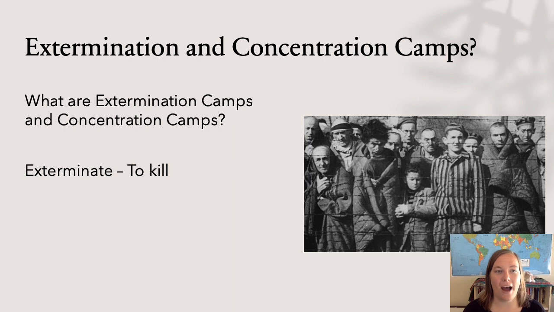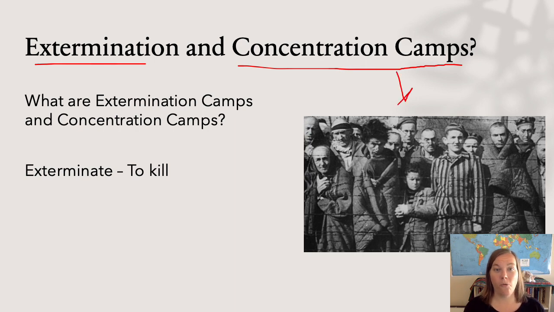Now let's talk about extermination and concentration camps. What do you see in this picture? We see these people are in a prison. Sometimes prisons can also be called camps. The word exterminate means to kill.